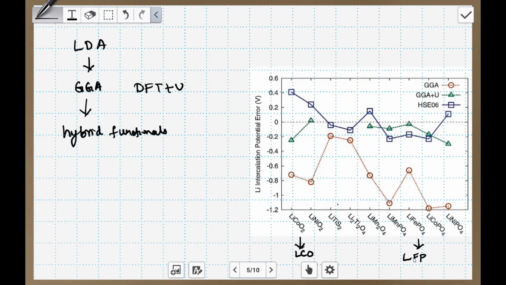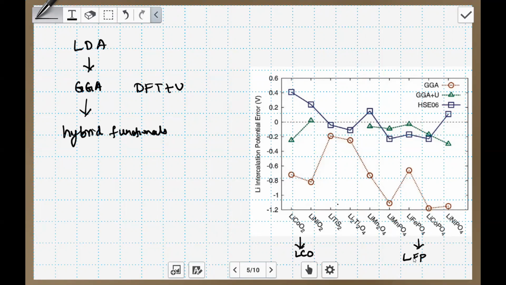So what is being plotted is this intercalation potential as a function of computation. These are all computations. When the lithium is bound to these cathodes, how does the intercalation potential change? That gives you a measure.